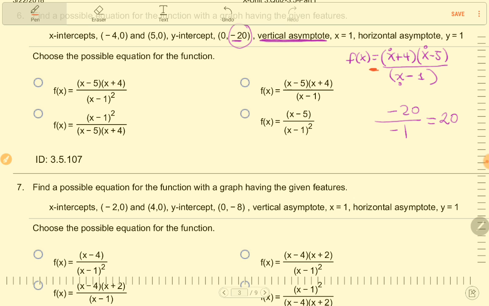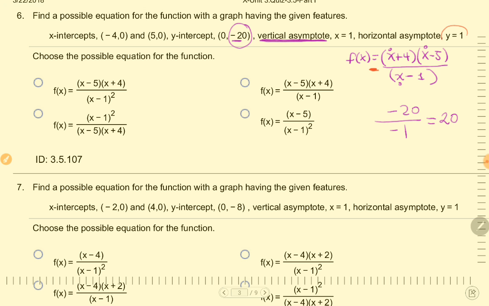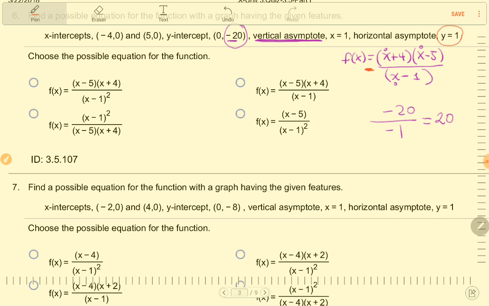And then there's also a horizontal asymptote at y equals 1. Now, the only way there would be a horizontal asymptote at y equals 1 is if the numerator and the denominator each had the same degree, and their lead coefficients were the same, so that when you do the ratio, you get 1.